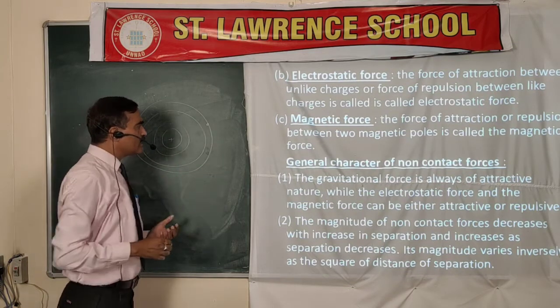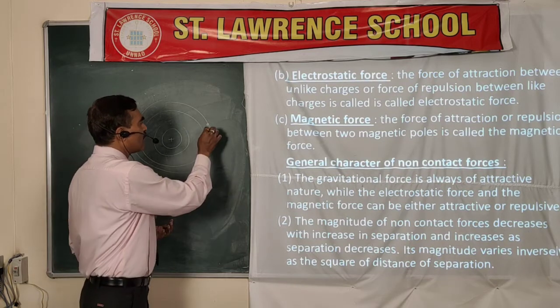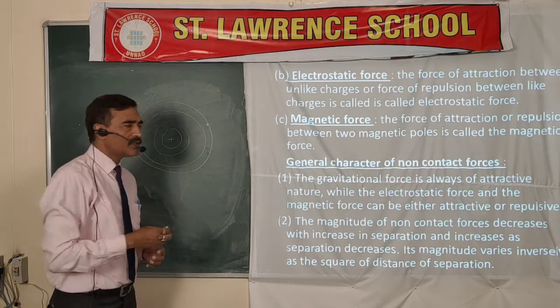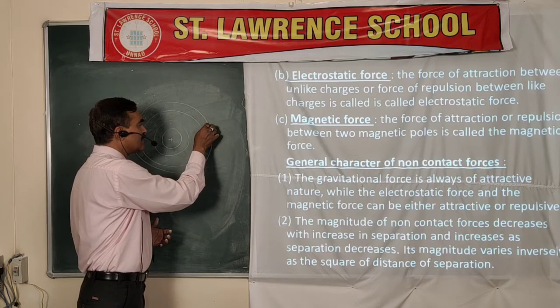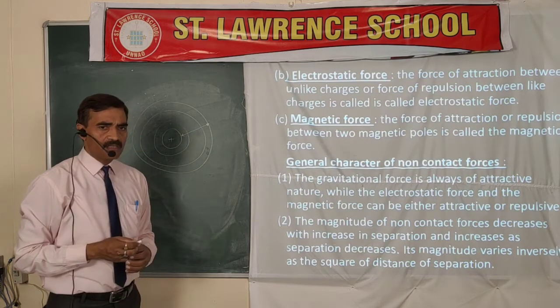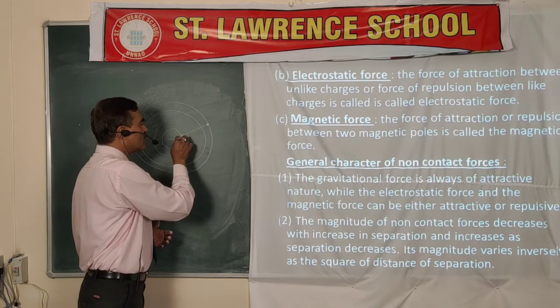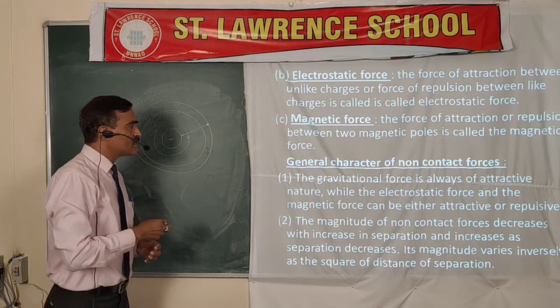The electron at the outermost orbit is least attracted towards the nucleus because it's very far from the nucleus in comparison to the inner orbits.